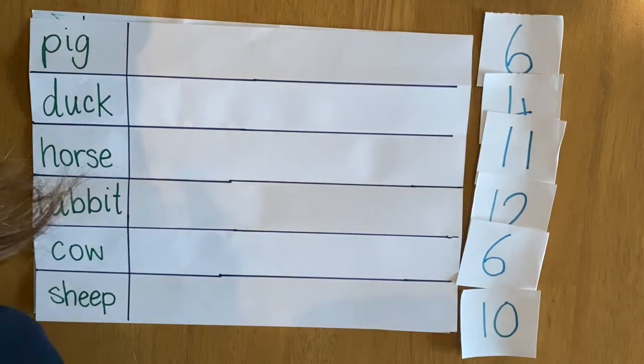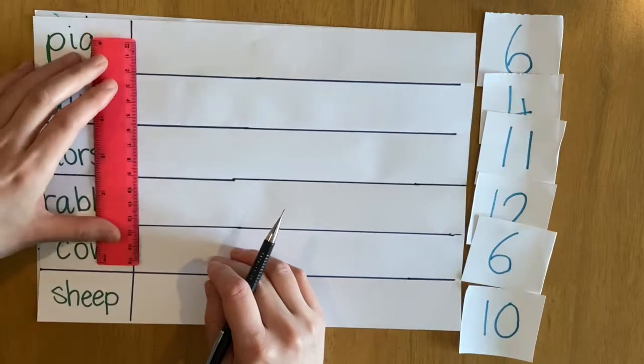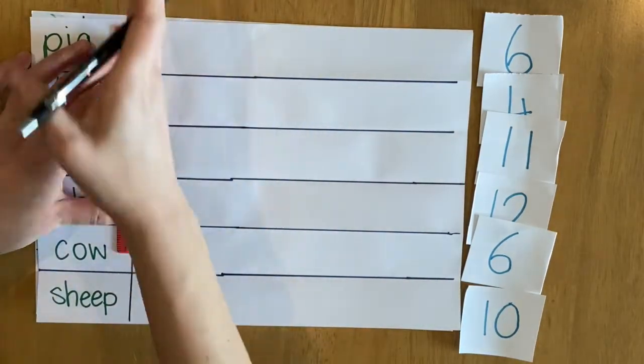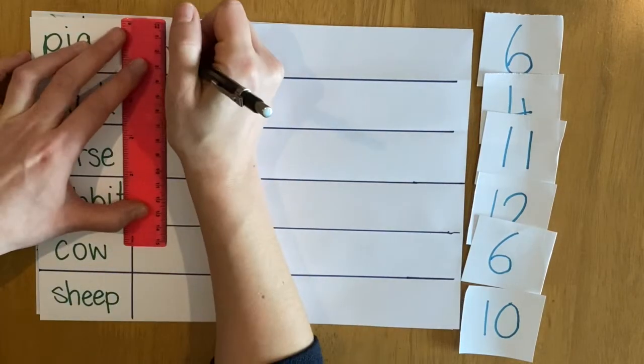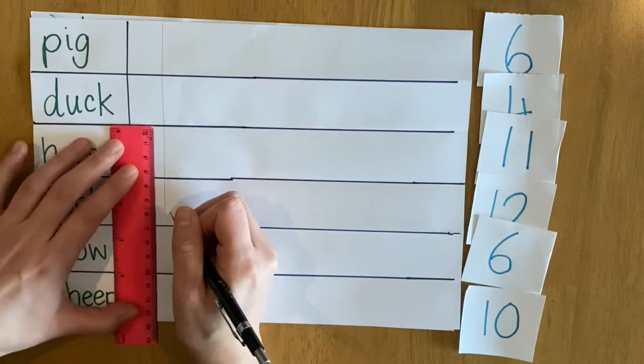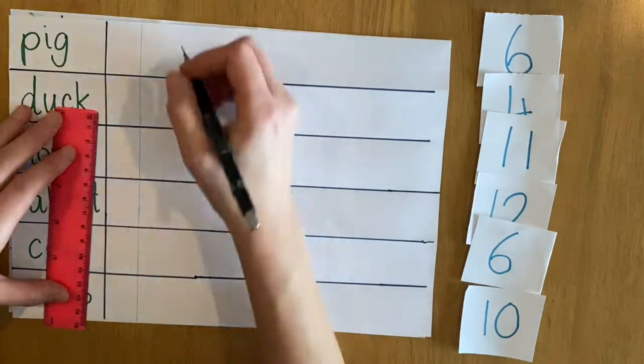Get a different color pen. Now, to make sure that everything is lined up, we're going to draw some vertical lines, so up and down lines, to make sure that our work is neat, because like we did with the counting animals, everything has to be lined up perfectly or you make mistakes with counting.